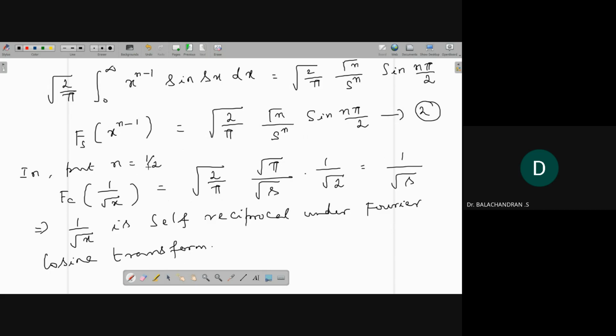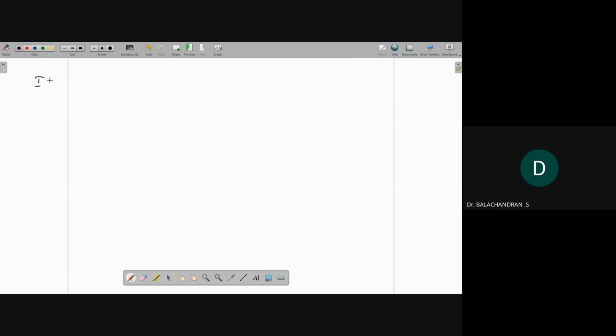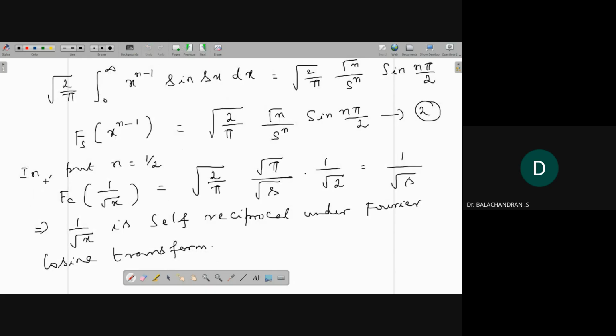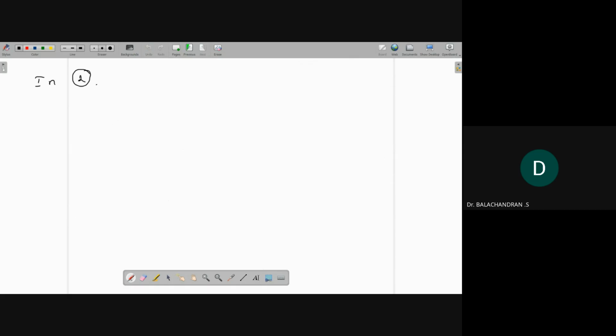Similarly, substitute n equal to 1 by 2 in equation 2. So next in 2, put n equal to 1 by 2.